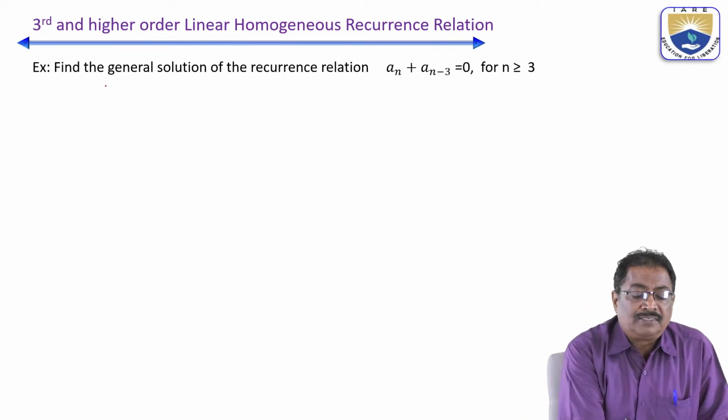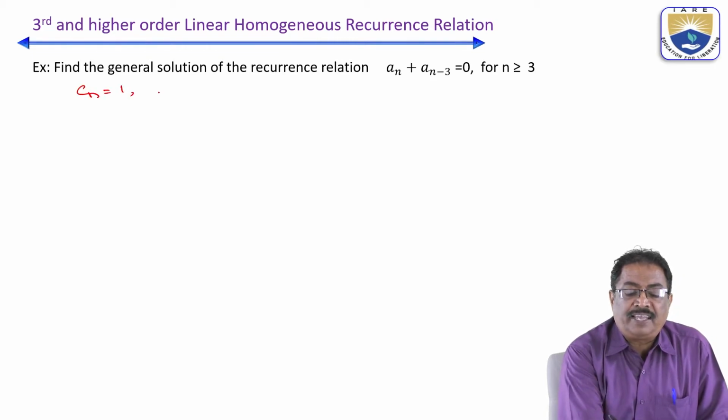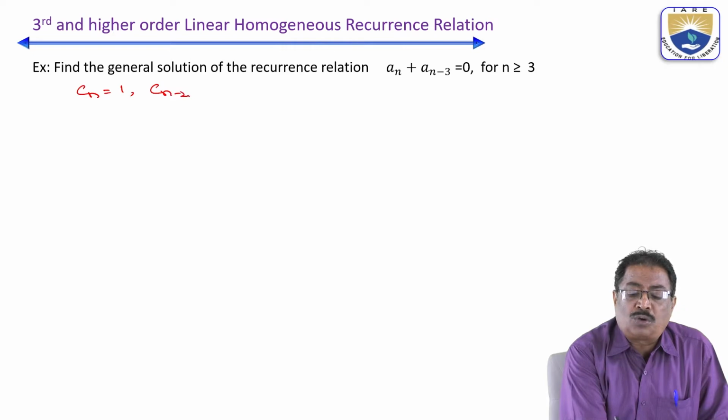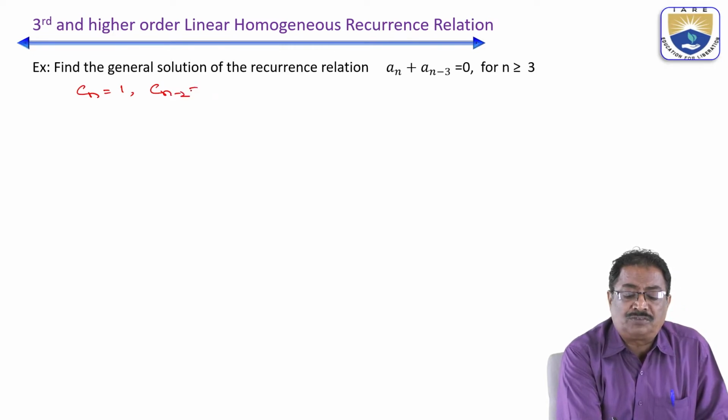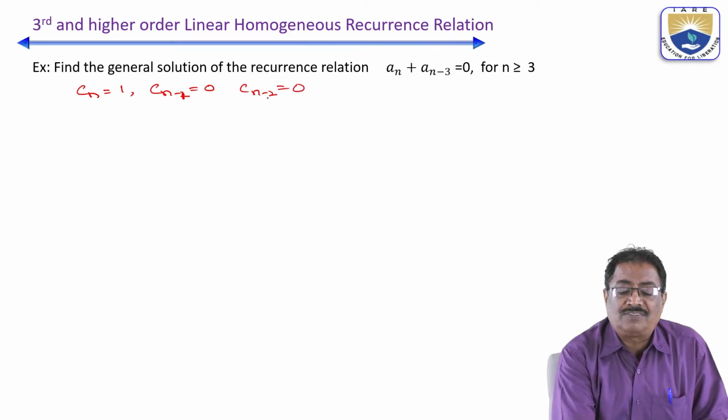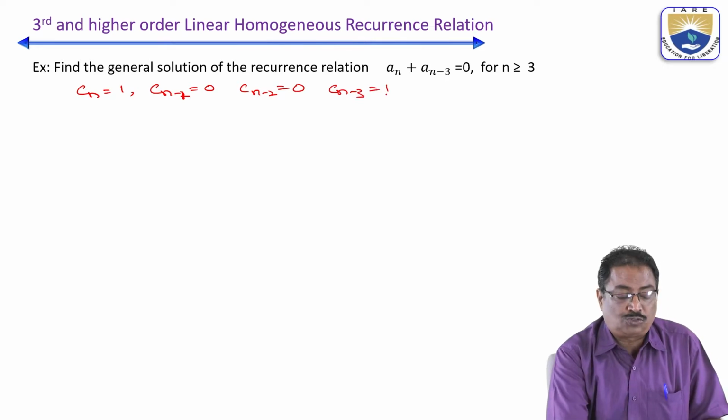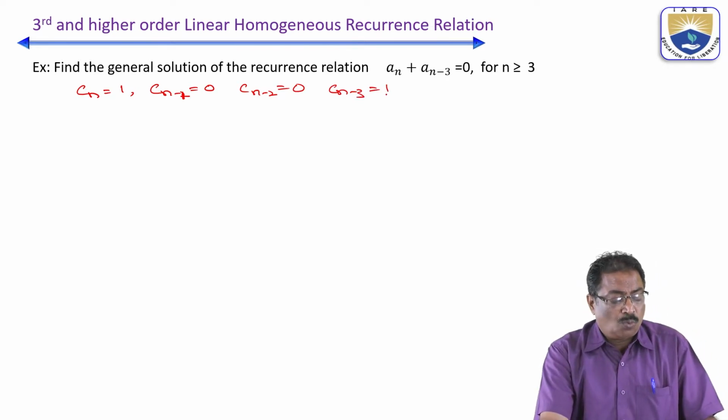So here cn is equal to the coefficient of an, cn minus 1 is the coefficient of an minus 1, and cn minus 2 is the coefficient of an minus 2. There is no coefficient for n minus 2, so this is 0, then cn minus 3 is equal to 1.